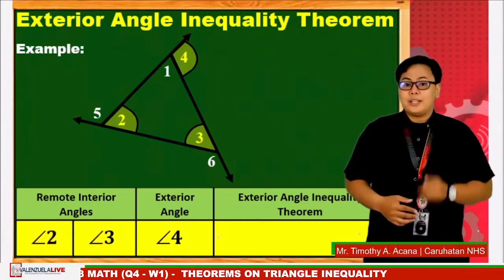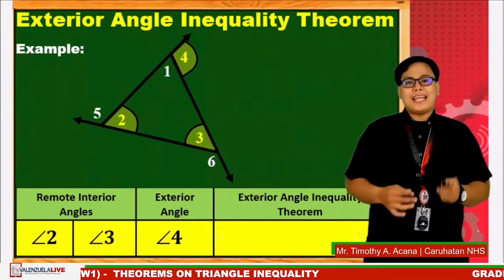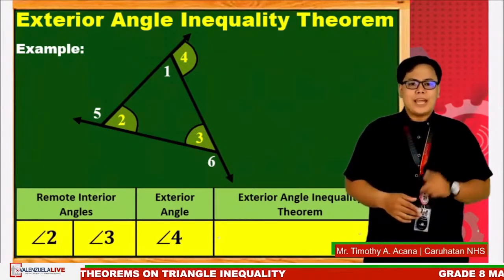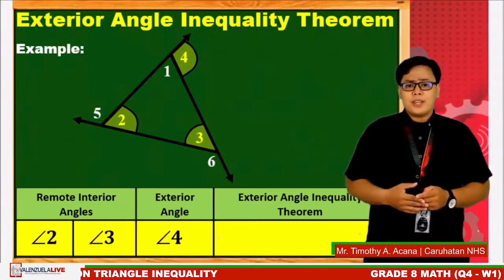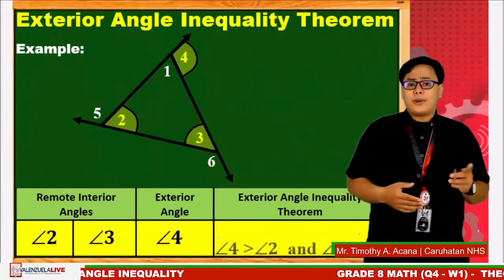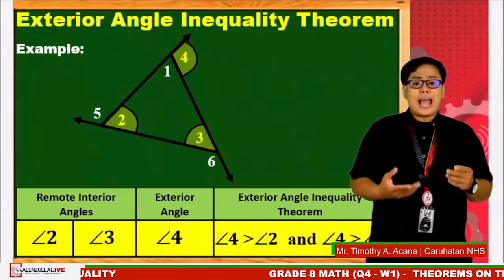Very good. The remote interior angles are angle 2 and angle 3. And by applying the exterior angle inequality theorem, we have angle 4 is greater than angle 2 and angle 4 is greater than angle 3.